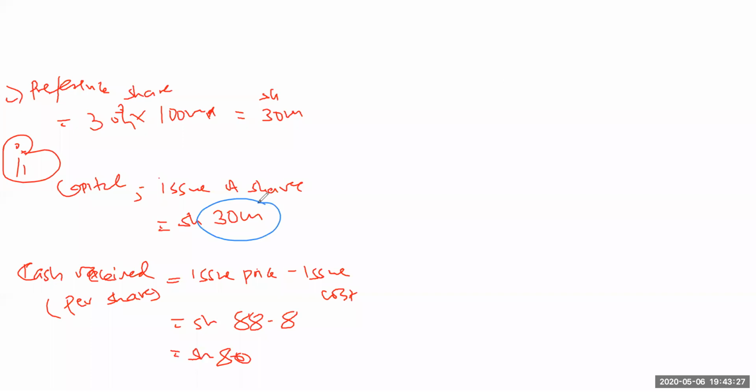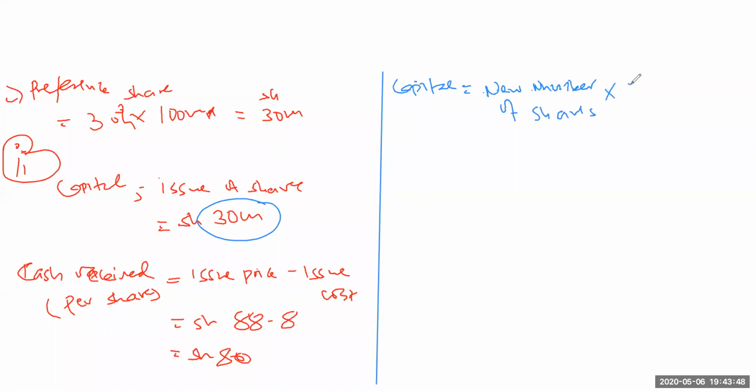Therefore, you can see the capital to be raised is equal to the number of new shares we need to offer to the market multiplied by the cash per share.